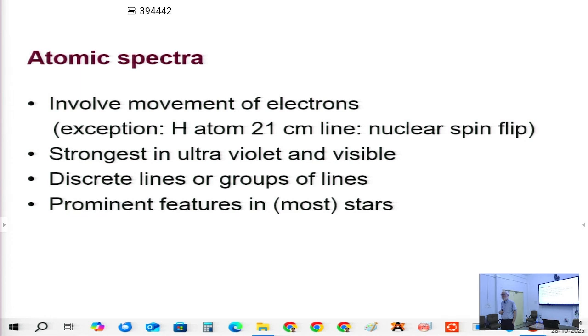I suspect all of you have mobile phones. Anyone got any idea what that has to do with the 21 centimeter line? What wavelengths do they broadcast your signals at? Any idea? X-ray, ultraviolet, infrared, radio? Radio.